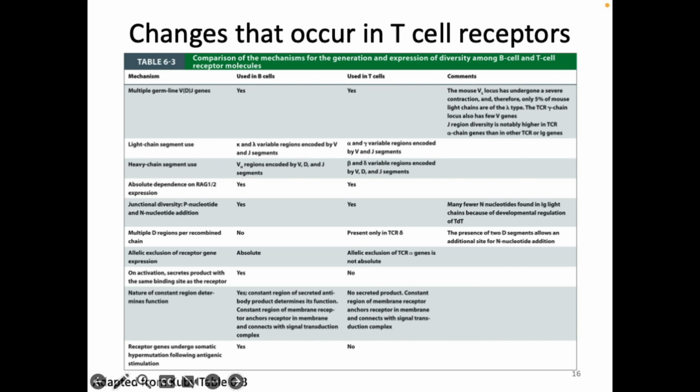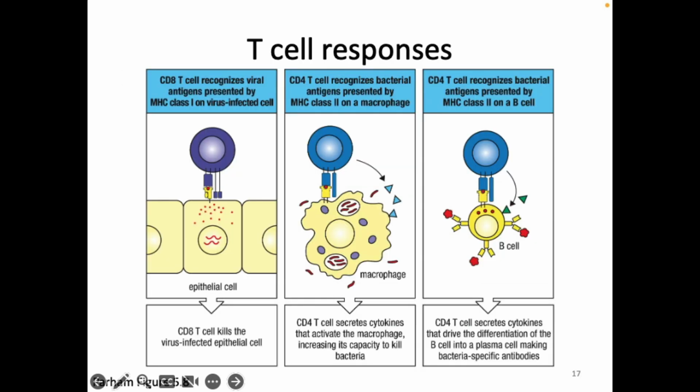They happen in B cells. They don't happen in T cells. So once the T cell has finished this process in the thymus, it is done. So in that sense, things are pretty straightforward in thinking about what's going on with T cells.